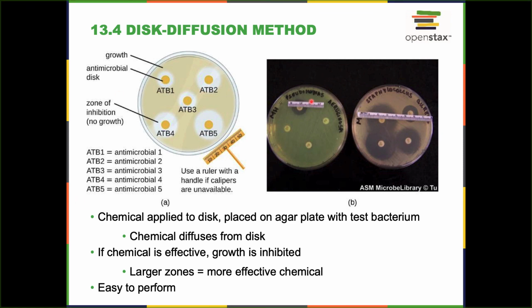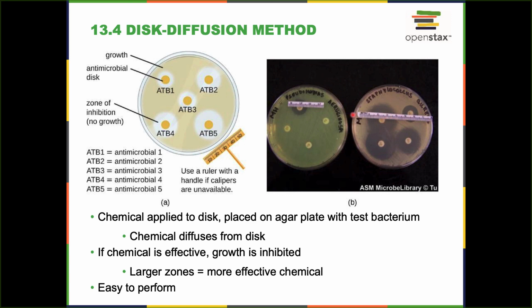In general, you can see here that Pseudomonas aeruginosa is actually very resistant to whatever these test chemicals are, right? So this one here has a zone of inhibition, a zone where there's no growth, right? These three here had zero effect, right? Whereas for Staph aureus, you can see that these zones, all of these chemicals were effective against Staph aureus, right?